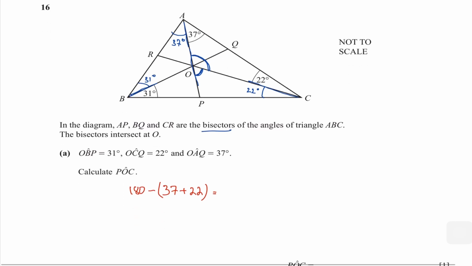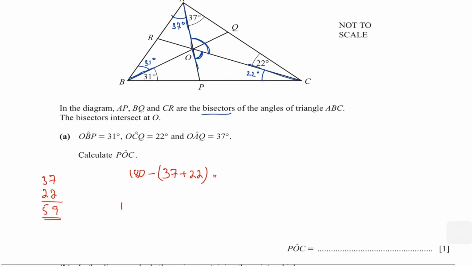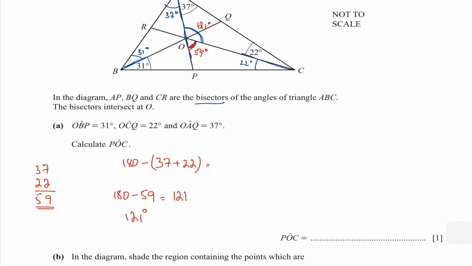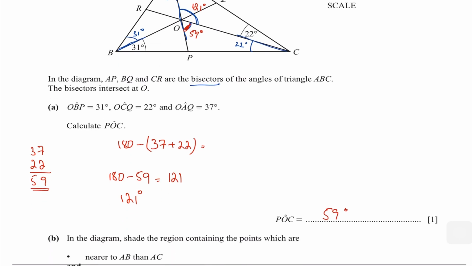Since this is paper 1, no calculator, 37 plus 22 is 59. Let's work out 180 minus 59. That's going to be 121 degrees. Now remember, 121 degrees is not our final answer because 121 is this angle. So this angle is going to be 59 degrees. How? 180 minus 121. So 59 degrees is our final answer.